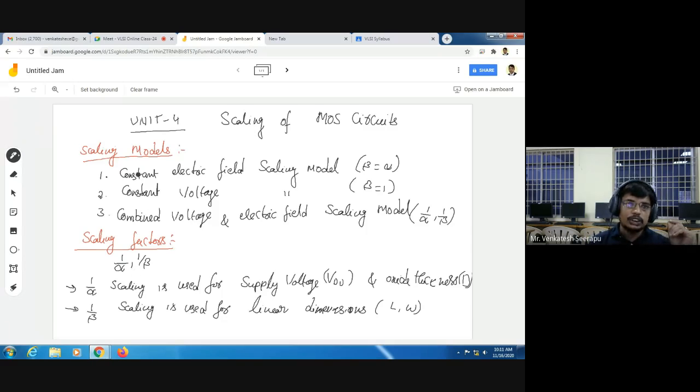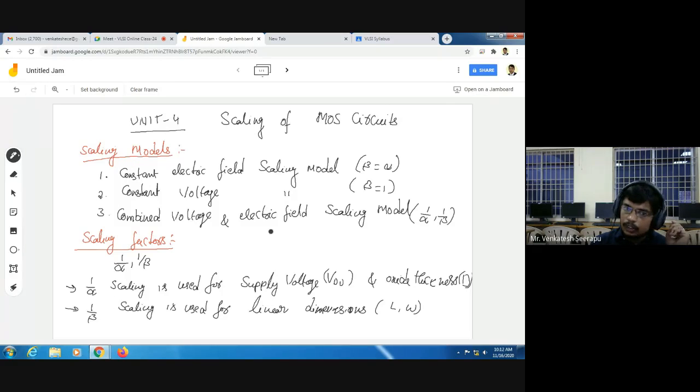Commonly used scaling models are the constant electric field scaling model, the constant voltage scaling model, and the combined voltage and electric field scaling model. The scaling factors are 1 by alpha and 1 by beta. 1 by alpha is used for supply voltage and oxide thickness, capital D. And 1 by beta is used for linear dimensions like vertical and horizontal dimensions of surfaces.